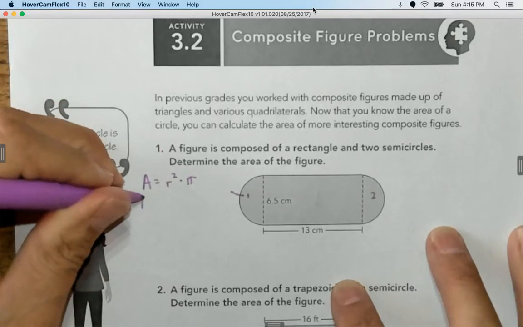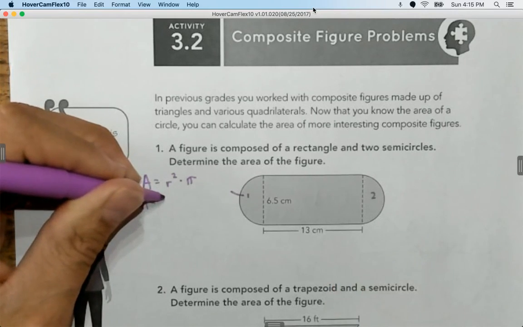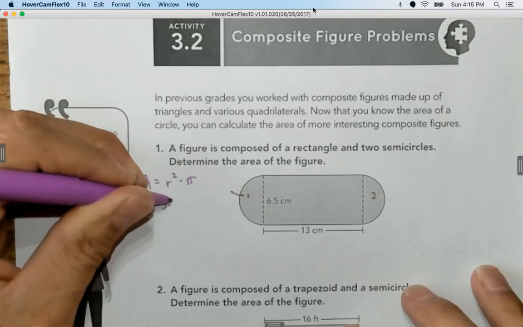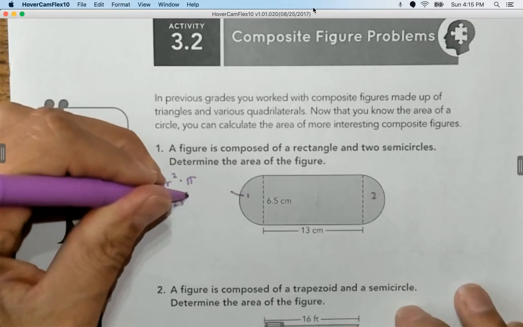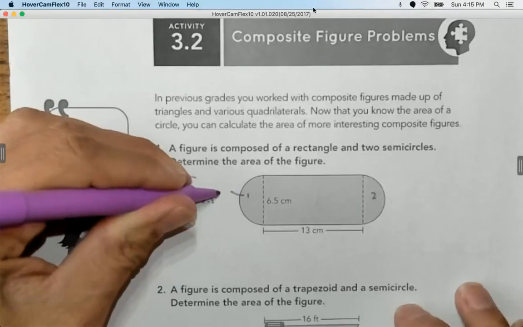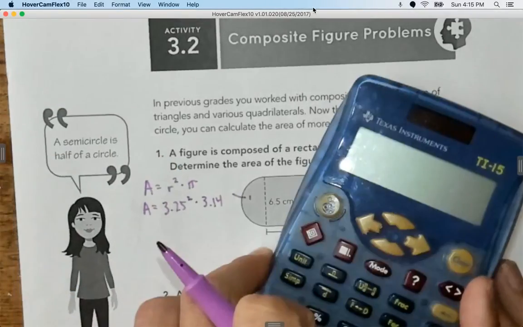Then it would be 3.25, because it's the radius instead of the diameter, squared times 3.14. I can use my calculator to figure that out.